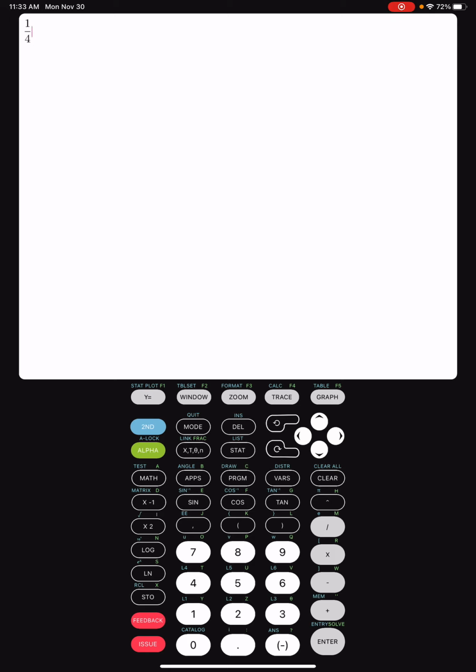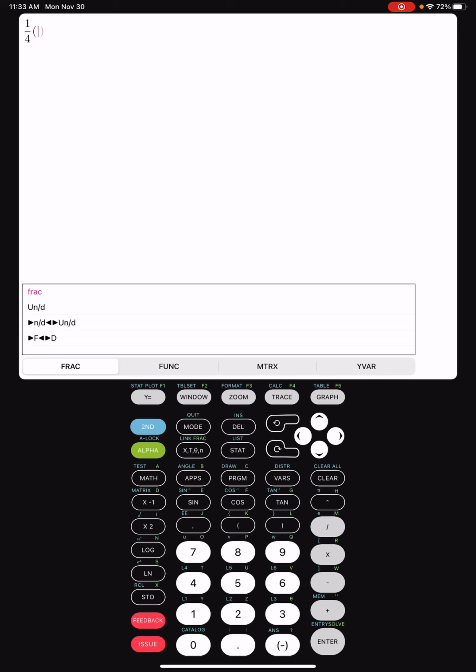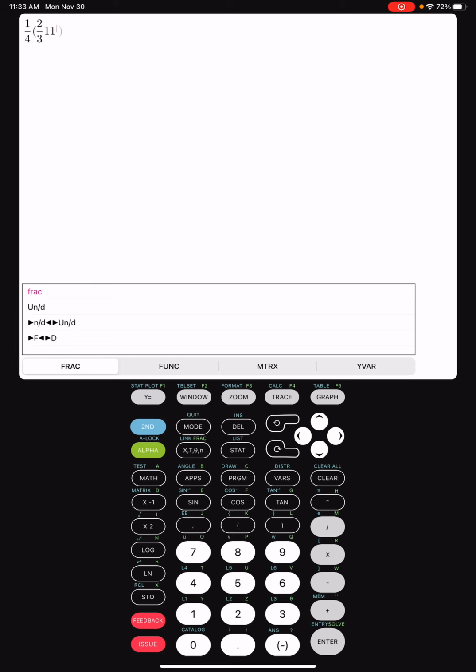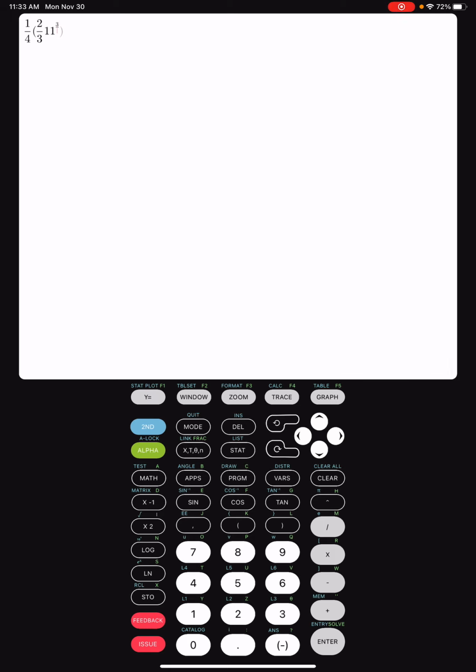1/4, and then we've got, just to help us keep track of our numbers here, 2/3, and then I need 11 raised to the 3/2. Plus that 2 times 11, we can just make that 2 square root 11, just to make it a little bit easier.